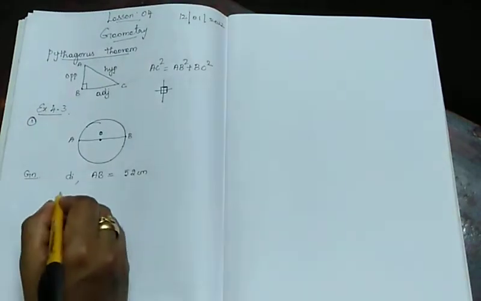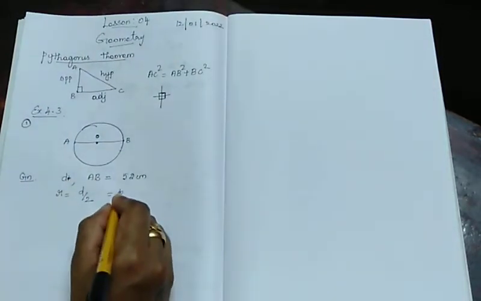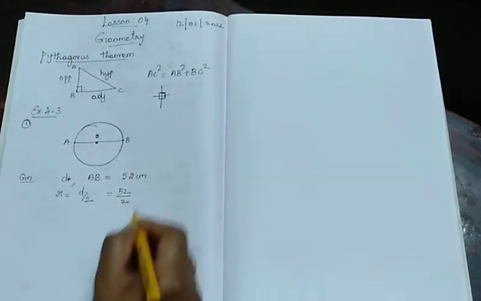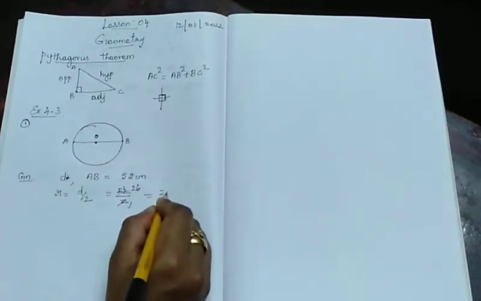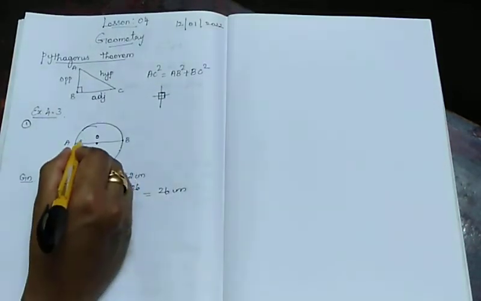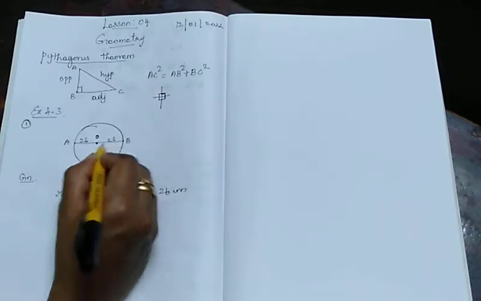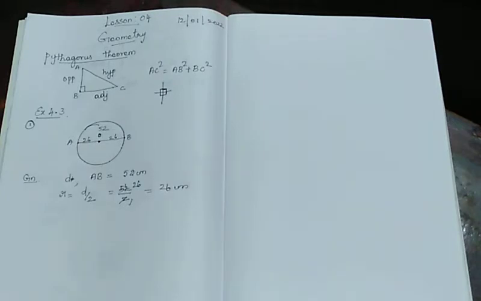So radius is equal to d divided by 2, which is 52 by 2. Half of 52 is 26. So the radius is 26.